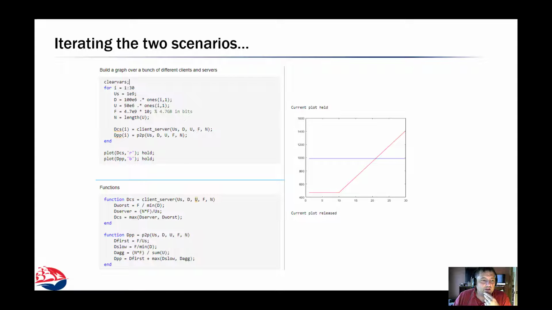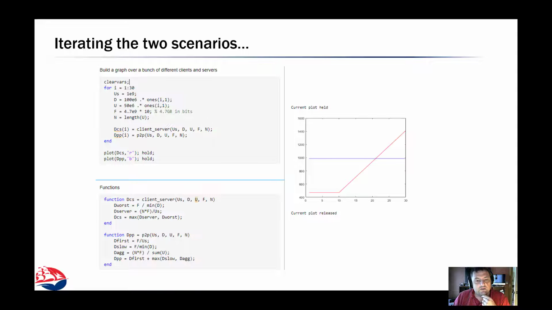Finally, I used the live script and made functions for the client-server calculation and the peer-to-peer calculation. Then I iterated over different numbers of clients, keeping the same download of 100 megabit, the same upload of 50 megabit, and the same file size, stored them into an array, and then plotted them.